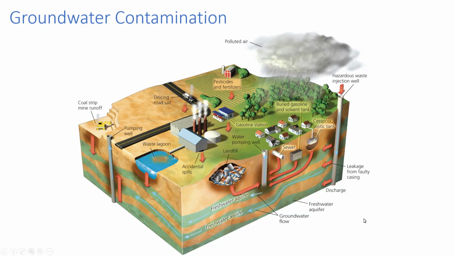We have so many activities on our earth surface. We have thermal power plants, which release a lot of hot water. Once we have snowfall, we put a lot of salt there. Then there are pumping wells where we pull water from the ground.